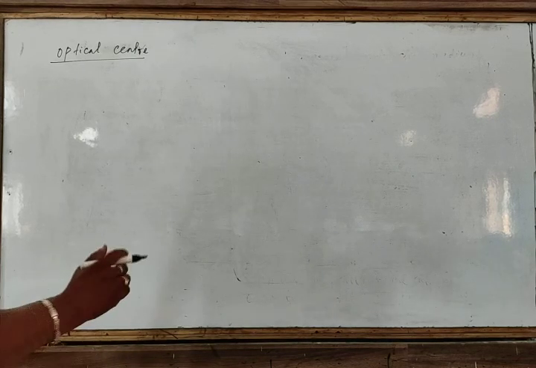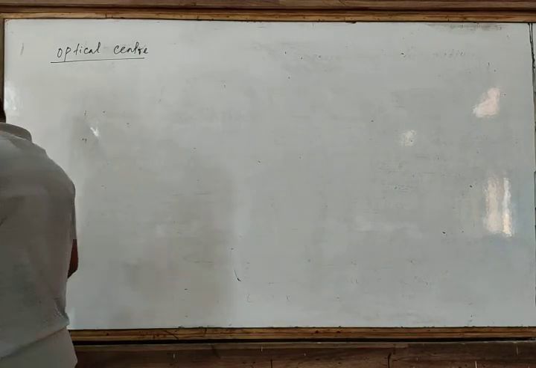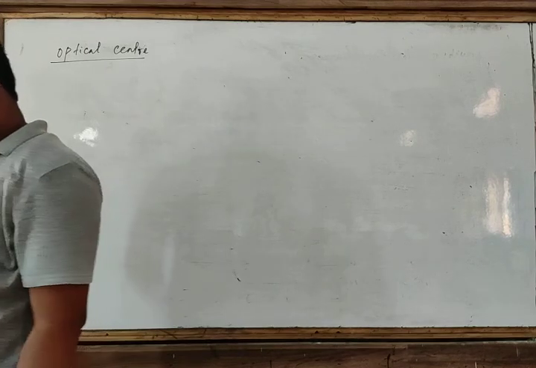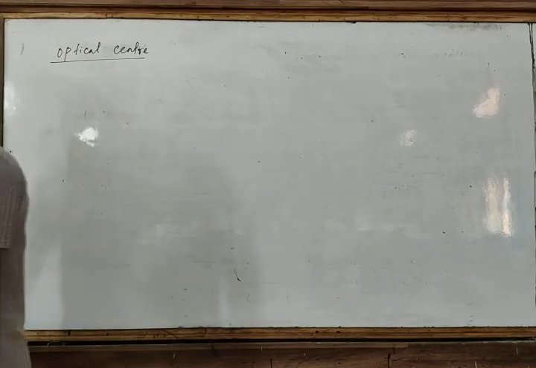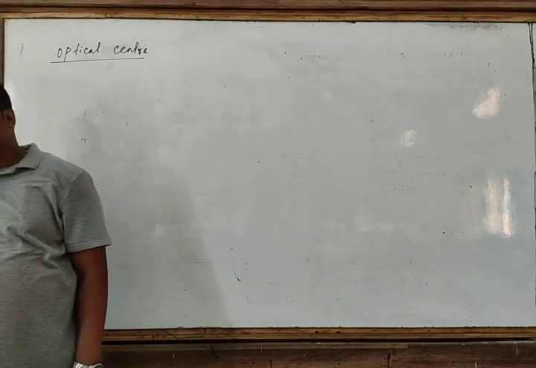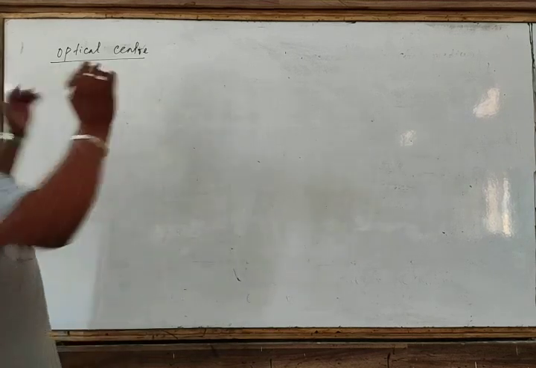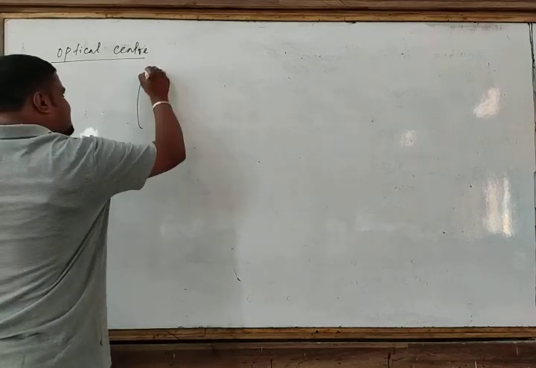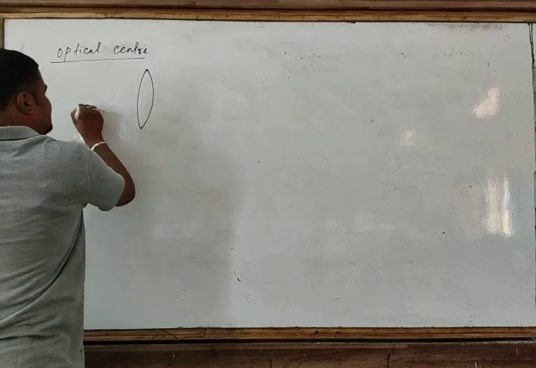The optical center is a point on the principal axis of a lens. Let me take a convex lens. This is the principal axis.